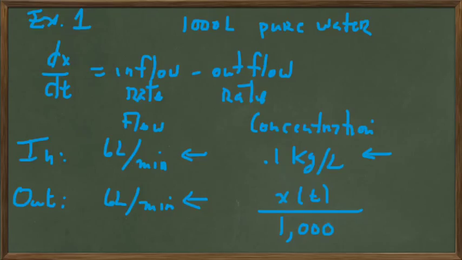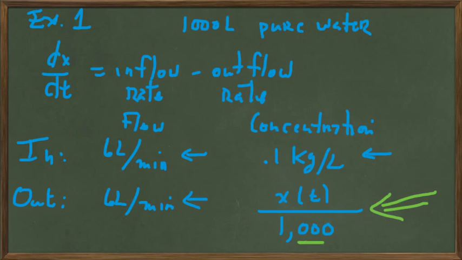This concentration going out is something we always need to calculate. In the next problem, we'll see what happens if the flow rate out is different than the flow rate in, and then this denominator would not be the same as the initial amount. We need to change it by some function of t.